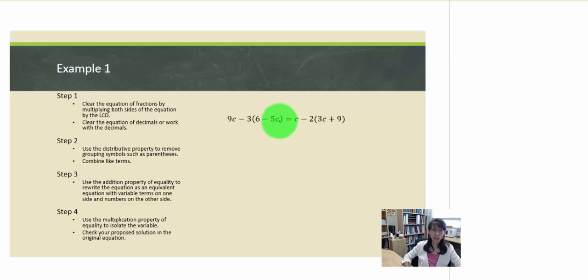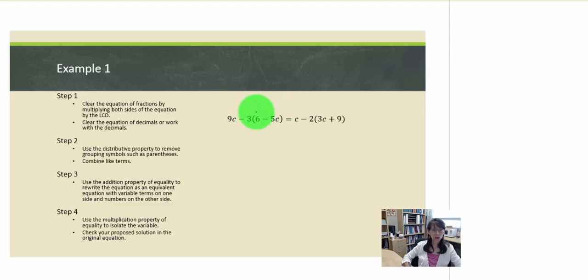But 5c is a variable term, because depending on what we let c equal, that term can take on an infinite number of values. So I cannot combine 6 with negative 5c.